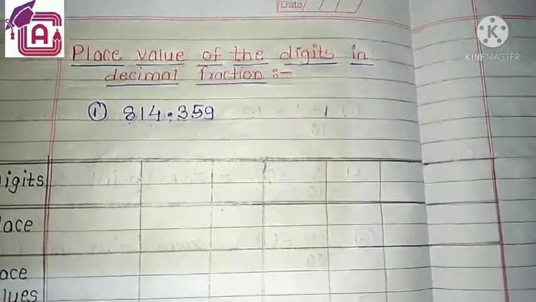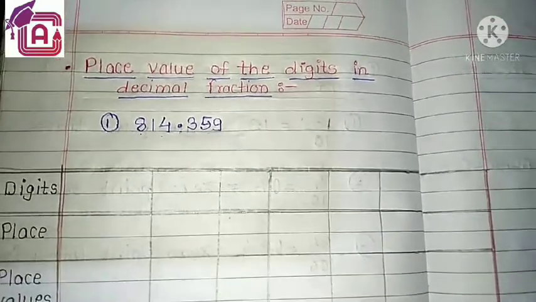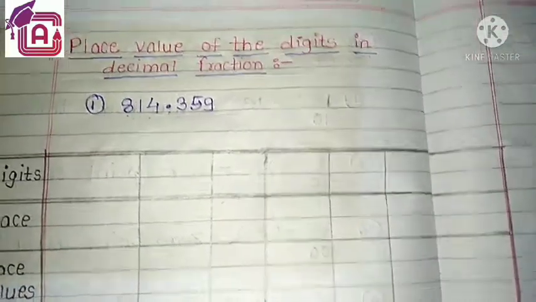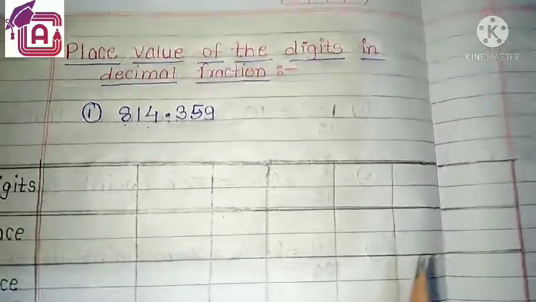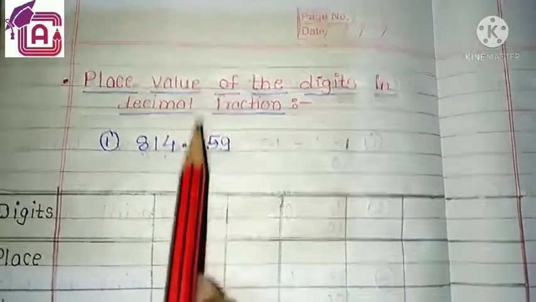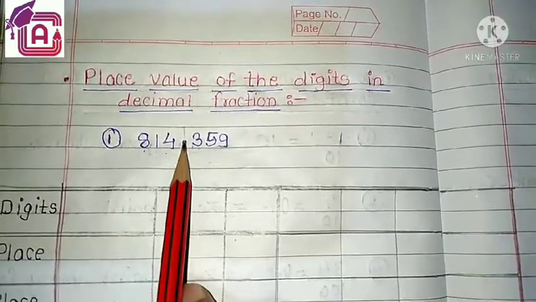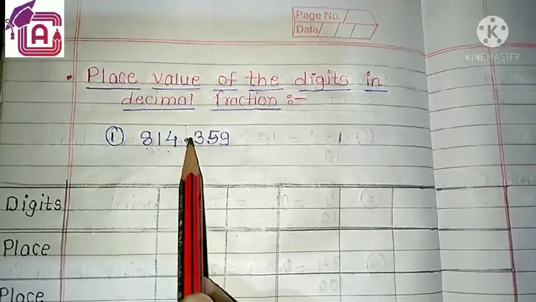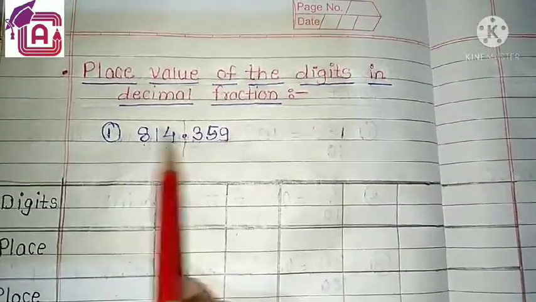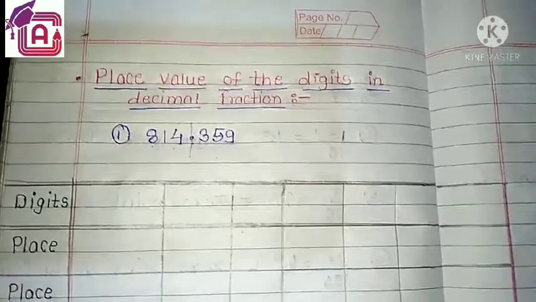This is the decimal point format for a fraction. For that, you have to divide the given number into two parts from this point: the right side of the point and the left side of the point.